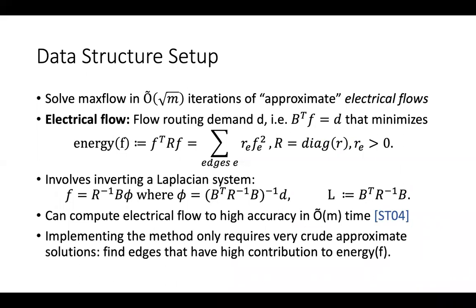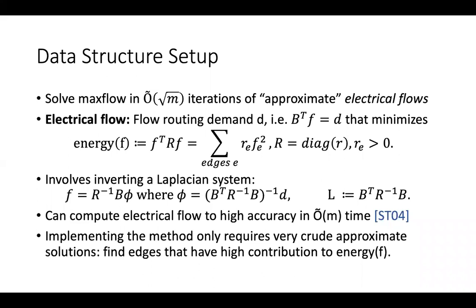To understand the context of this work, it's useful to make the following definitions. First, it's known that we can solve maximum flow in square root m iterations of approximate electrical flows, which is another type of flow problem.